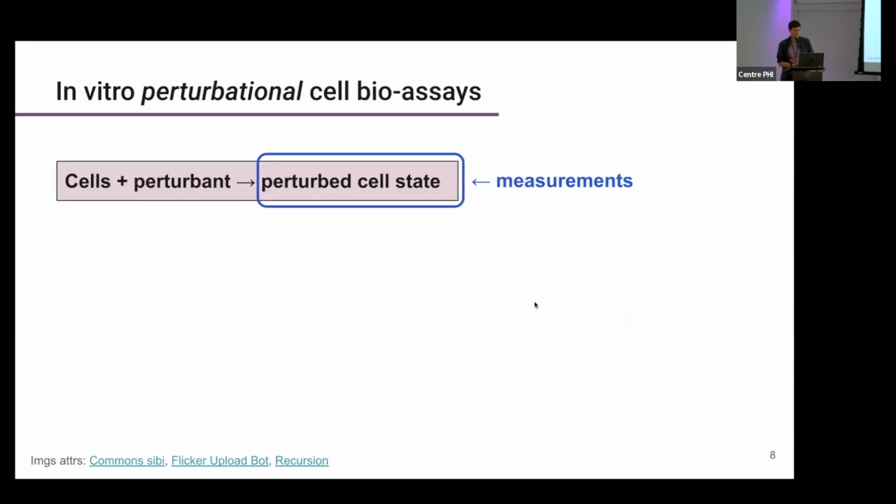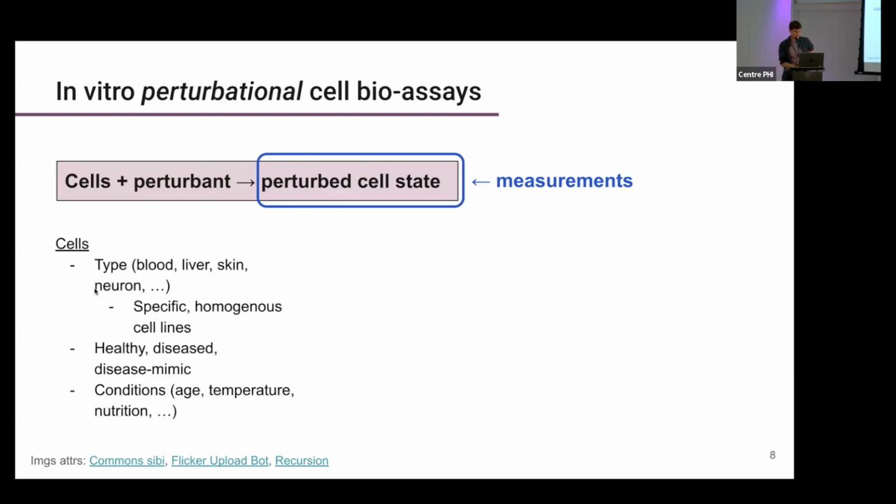Okay, so you've seen this a lot today. For our perturbational bioassay, we have cells, we add a perturbant, causing a perturbed cell state, and then we can take some sort of measurement of that. The cells, for their part, will have different facets of interest to us.